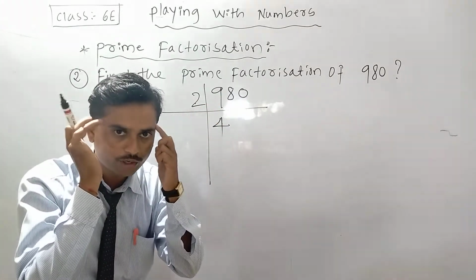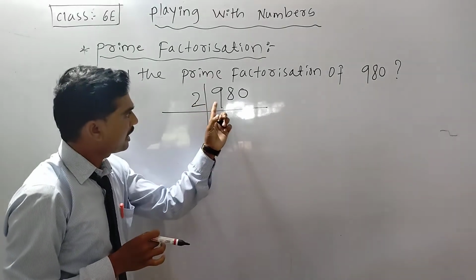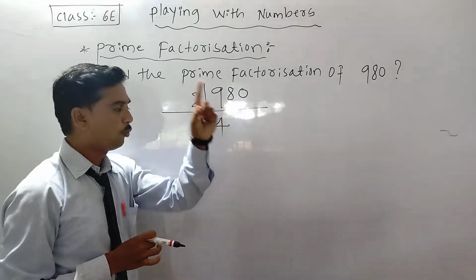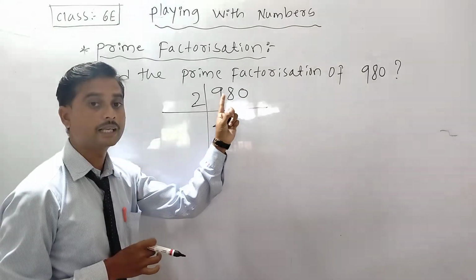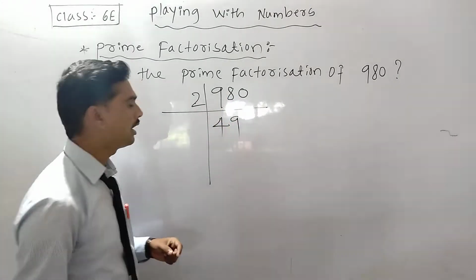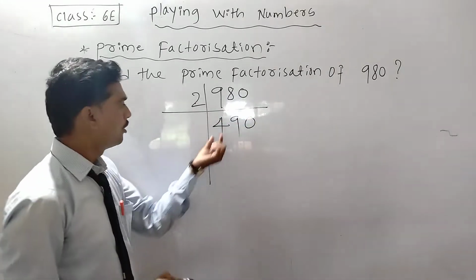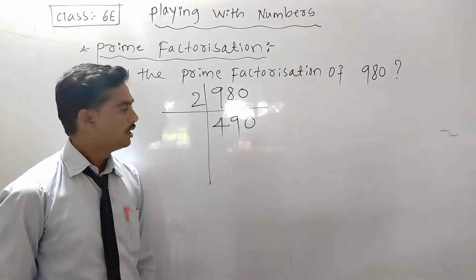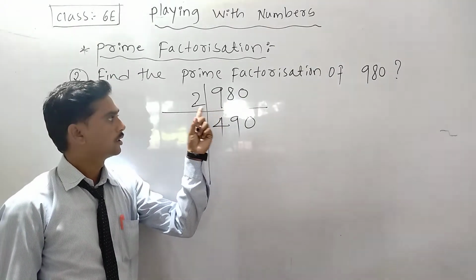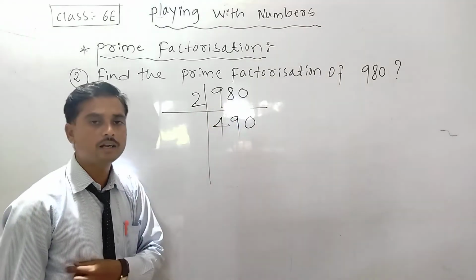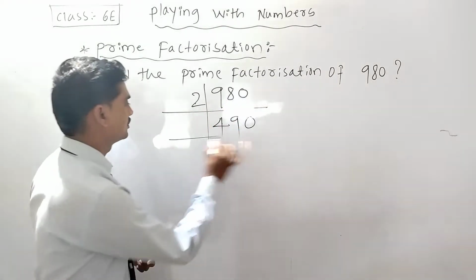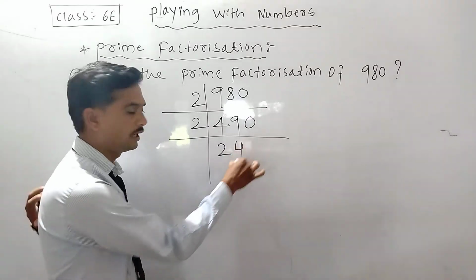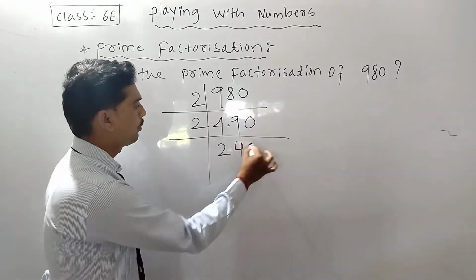You have to do it mentally, okay? 2 fours are 8, and 9 minus 8, 1 is remaining, and with the 1 here it becomes 18. 2 nines are 18, and 0 as it is. 2 times 490 is 980. The product of 2 and 490 is 980.